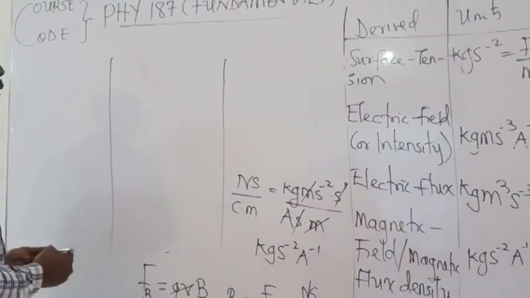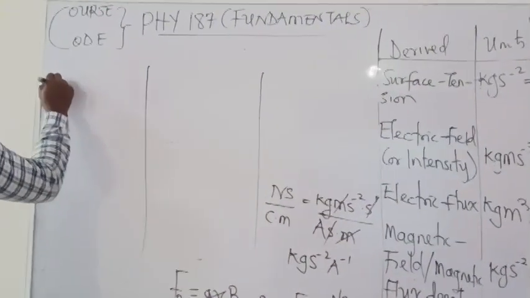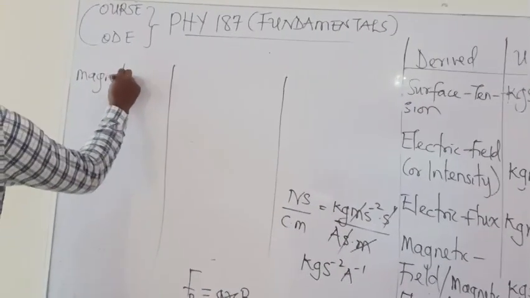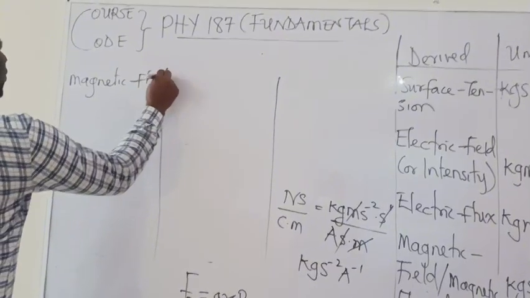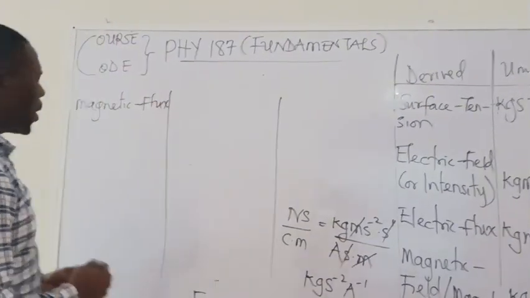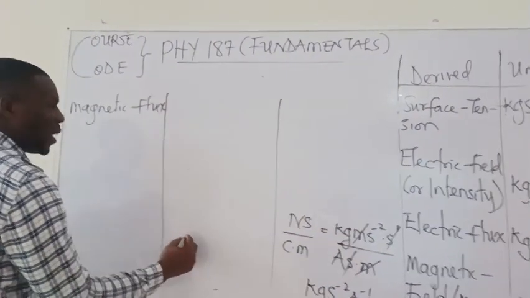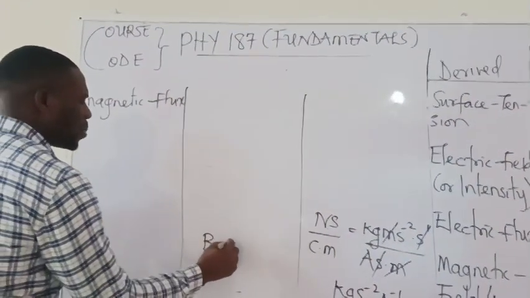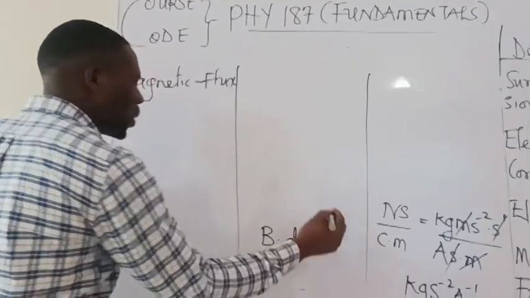Alright, now we could proceed to magnetic flux. Magnetic flux is the amount of magnetic field that penetrates a local area. So magnetic flux is simply magnetic field times the area it penetrates.